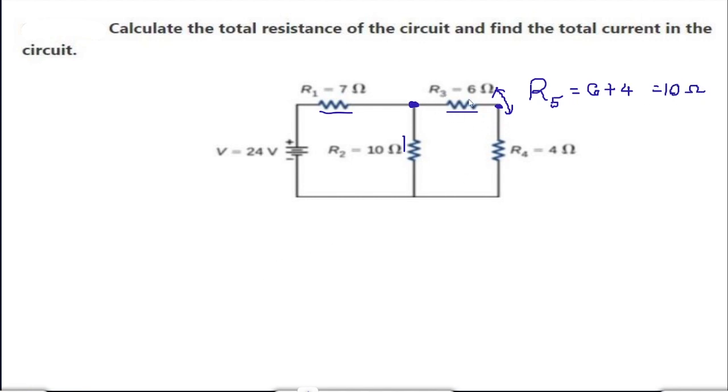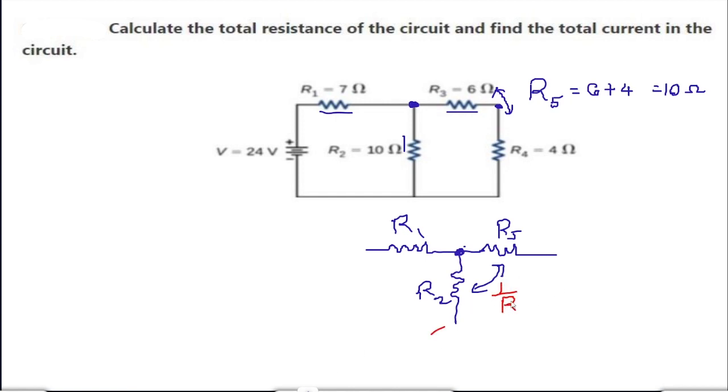Now what happened after finding this resultant? Our circuit becomes like this. Here this is R1, it is R5 and this is R2, right? R2 and R5, these two are in parallel combination. So I can find the resultant resistance by using this formula.